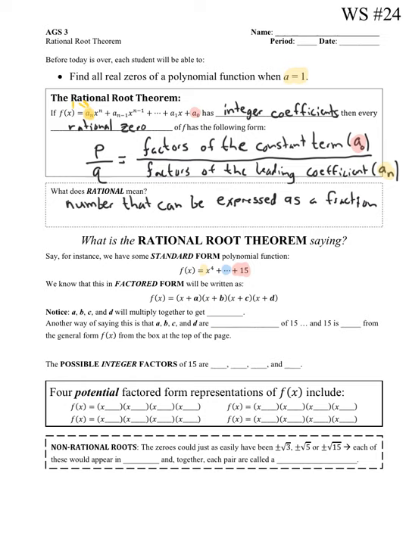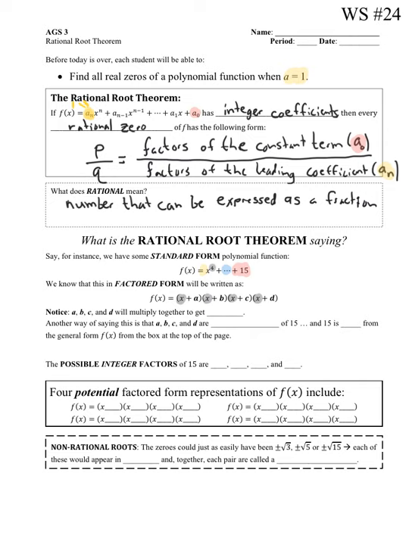Okay, so we know that the factored form will be written as f of x equals x plus a, x plus b, x plus c, x plus d. We don't really know what a, b, c, and d are yet, but because it was x to the 4th power, it's going to be written as 4 separate factors. So there's 4 x's down there.